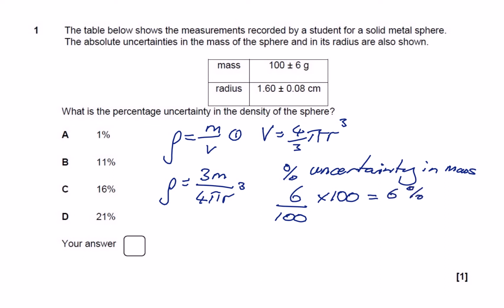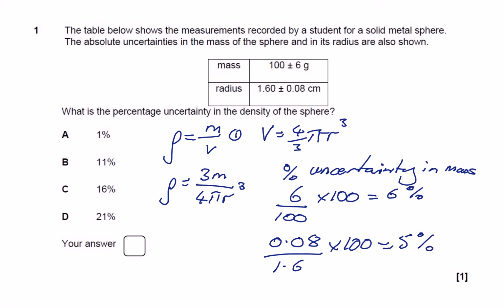Now we're going to do the same thing with the radius. So the uncertainty is this 0.08. I have a measurement of 1.6, so we go 0.08 divided by 1.6, multiply that by 100, and that comes out as being 5%.